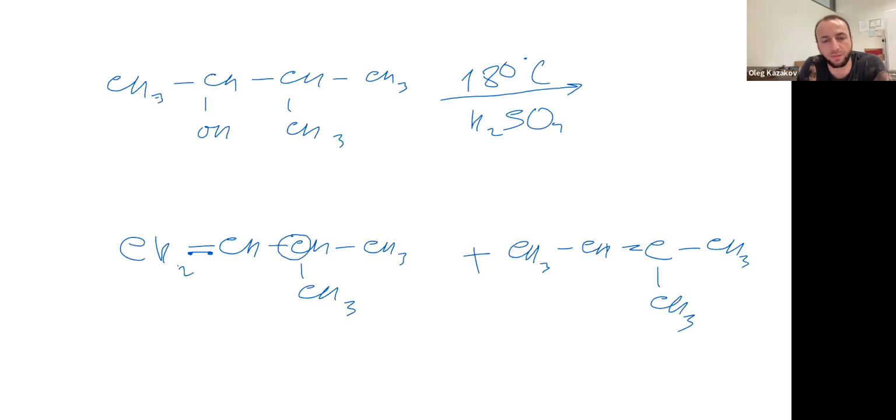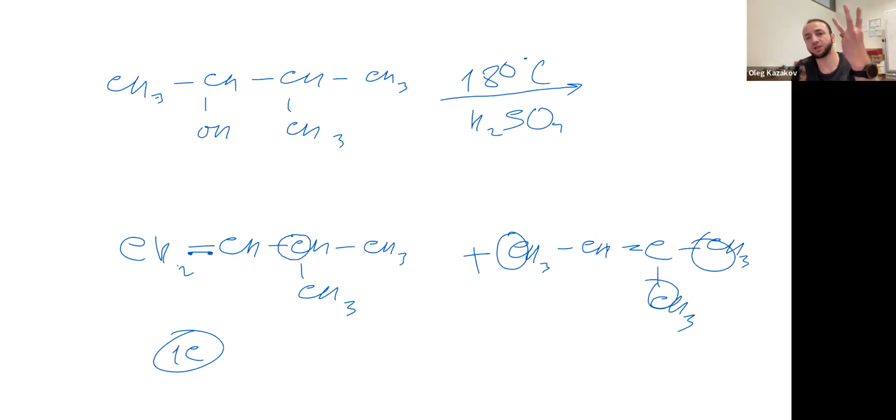So 1 carbon is attached here. In this situation, we again have the CC double bond, and to that CC double bond, a total of 1, 2, and 3 carbons are attached. So 3 carbons are attached.